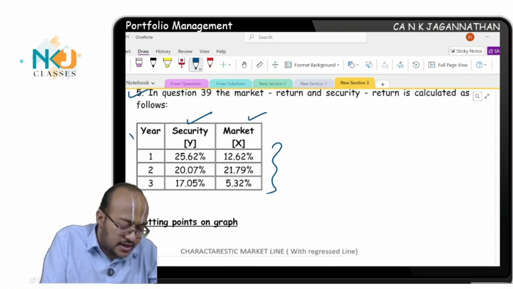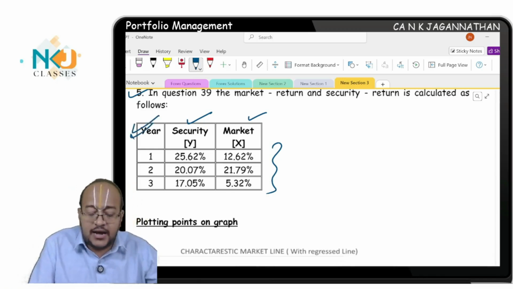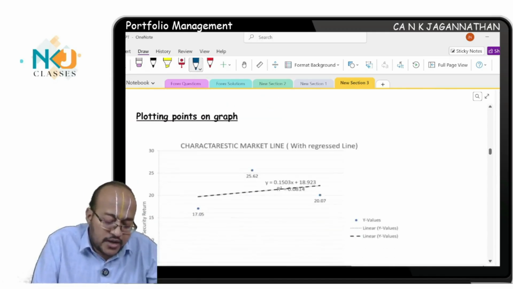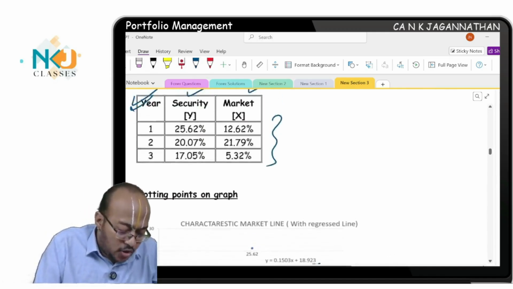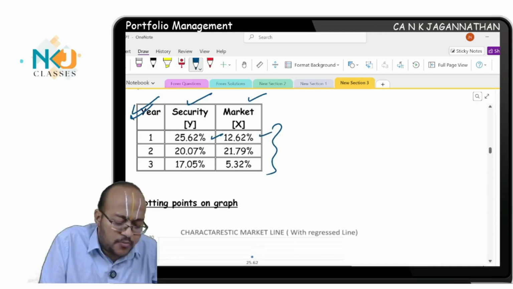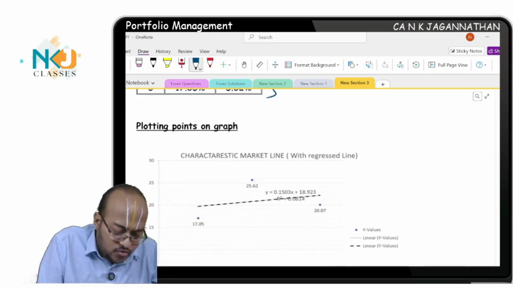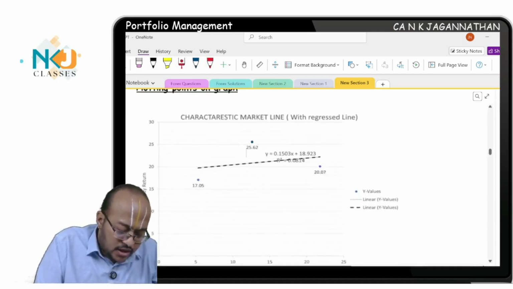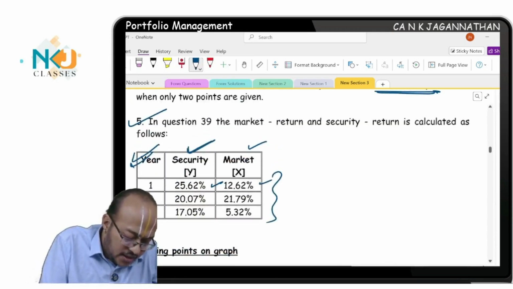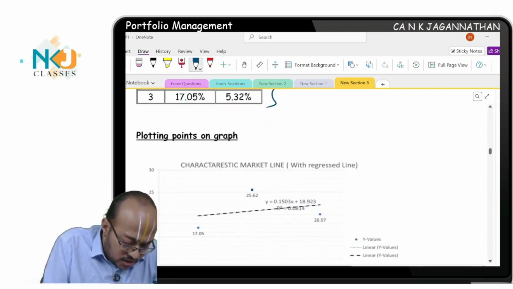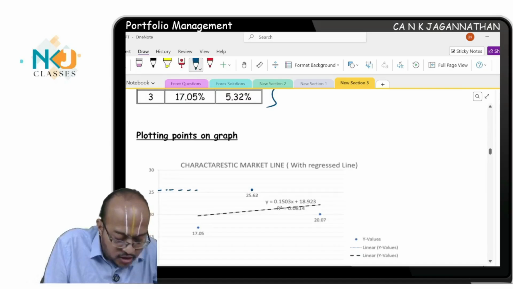You plot this in a graph, and whether you are getting a straight line, you will never get. What happens, you see, I plot 25.62 and 12.62. In year 1, I have 25.62 as return. This is Y, which means the security return.